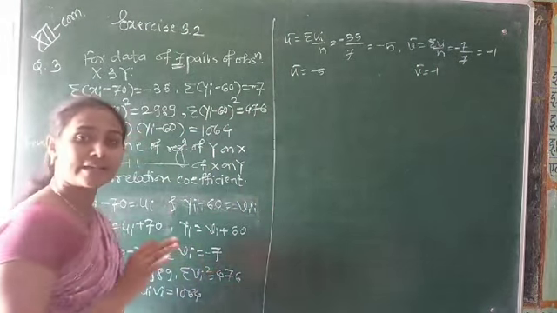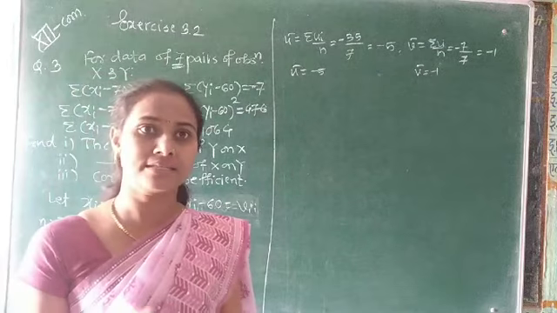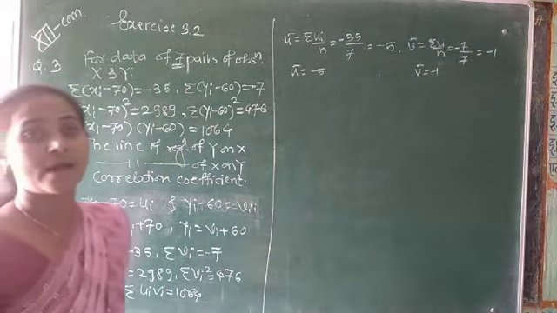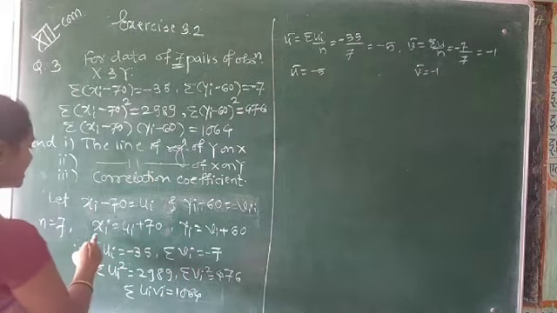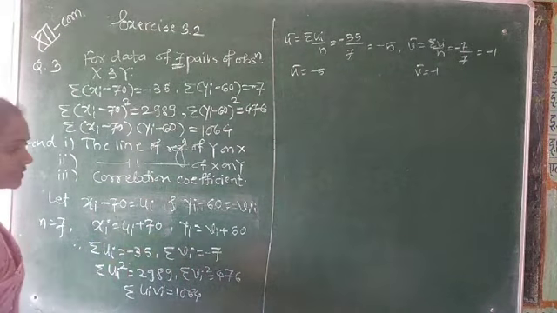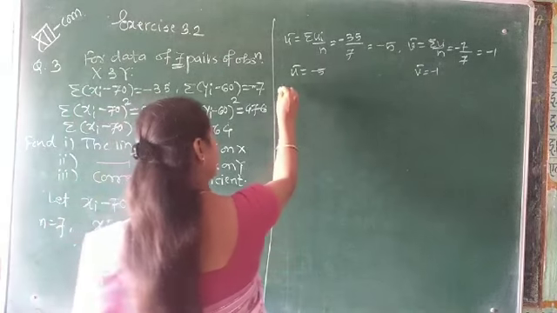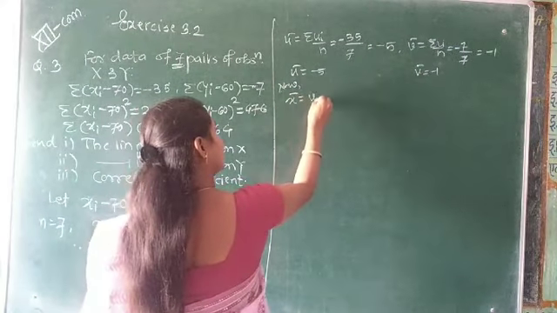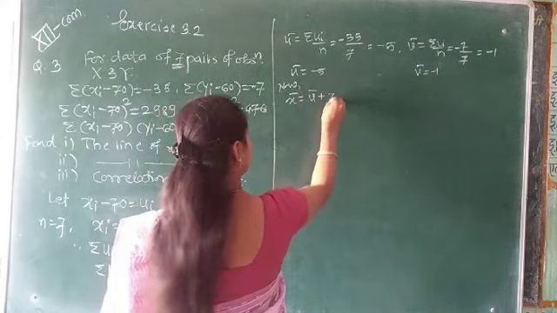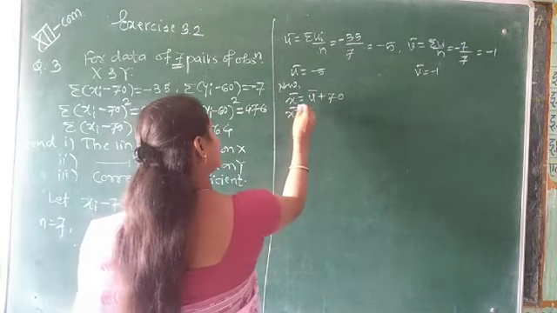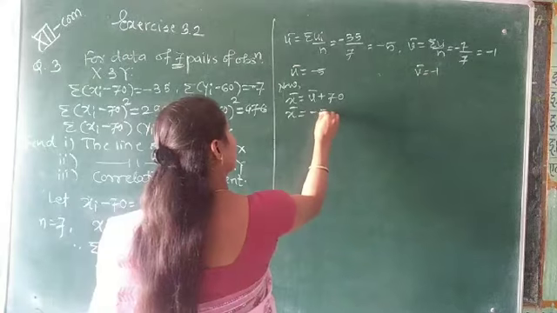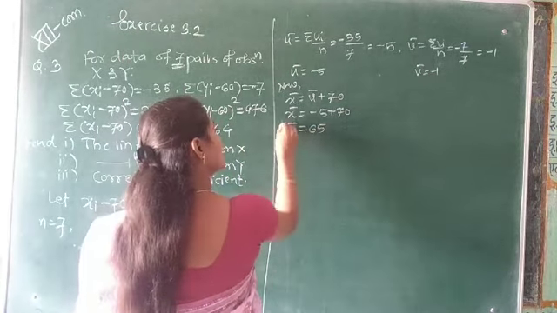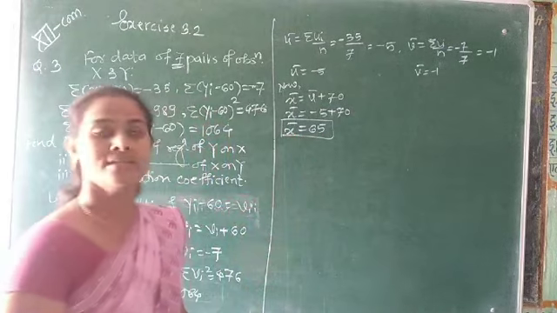Now here we have the values of u bar and v bar. From the values of u bar and v bar we find the values of x bar and y bar. See here, xi is equal to ui plus 70 and yi is equal to vi plus 60. Now x bar is equal to u bar plus 70, and u bar is minus 5, plus 70, hence x bar is 65, that is the x mean is 65.